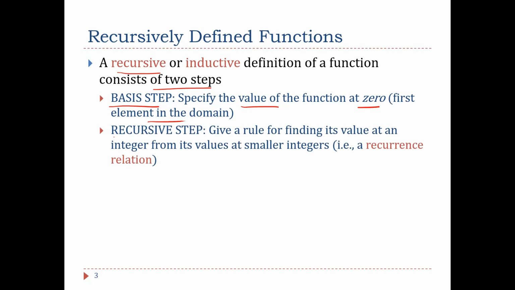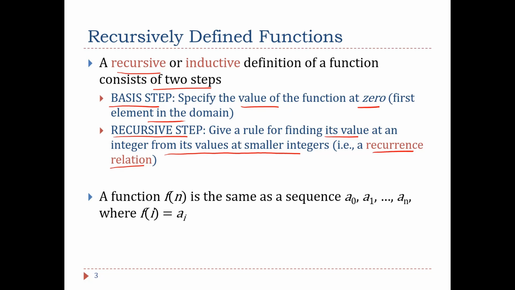And then a recursive step that gives a rule for finding any value from previous smaller values. In this step, we have an established recurrence relation that defines any term with respect to one or more of its previous terms.